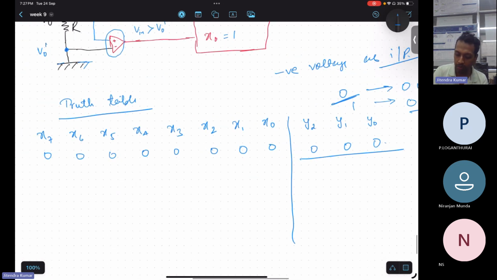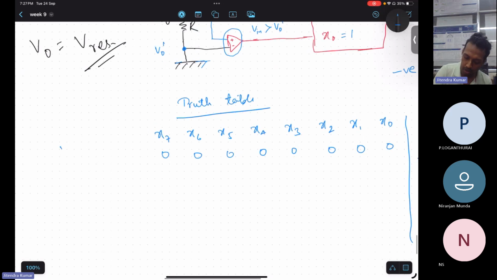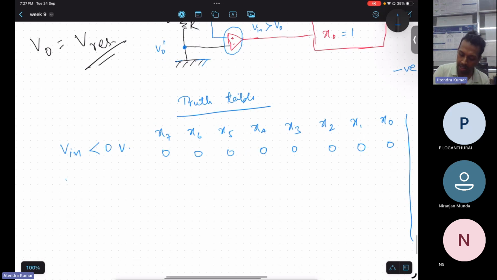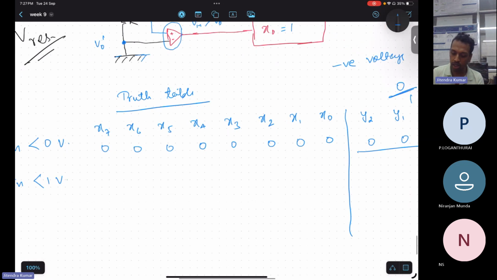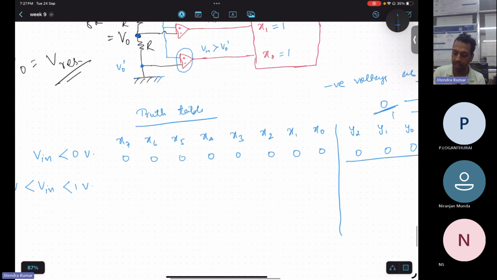Now next, this was if Vin is less than 0 volt. Now the second condition: if Vin is higher than 0 volt but less than 1 volt, then which of the bits from X7 to X0 will be 1?